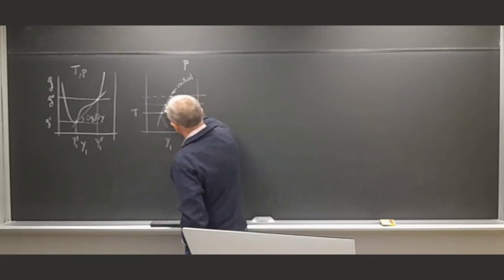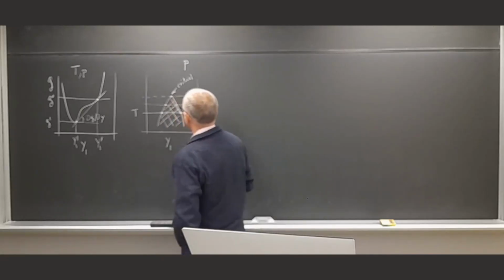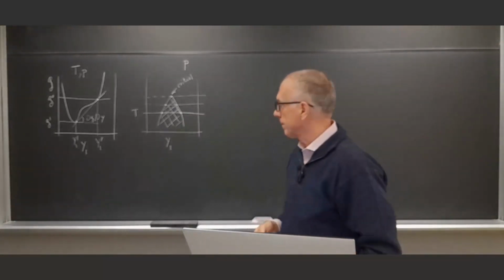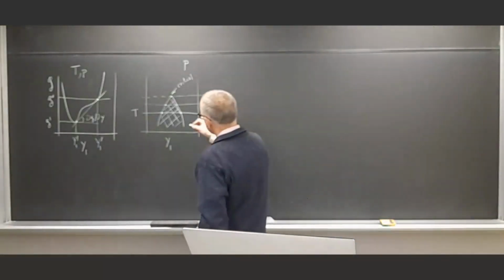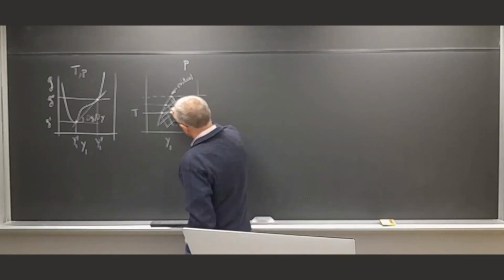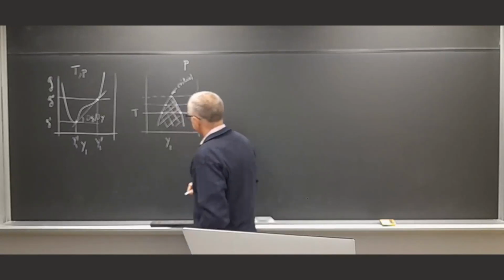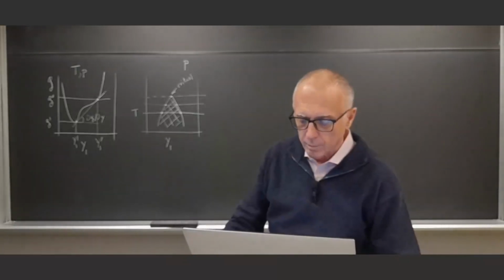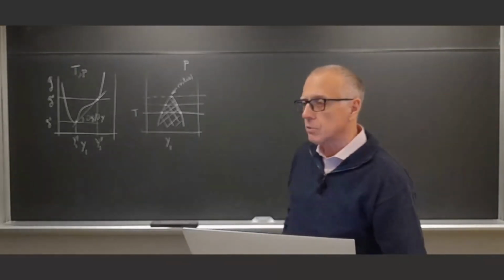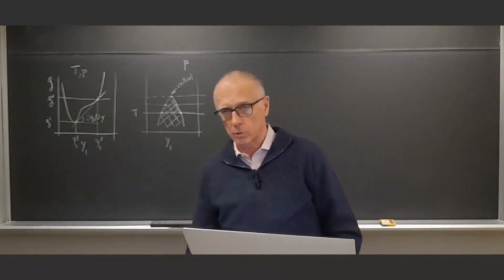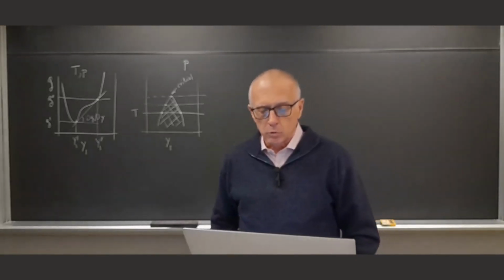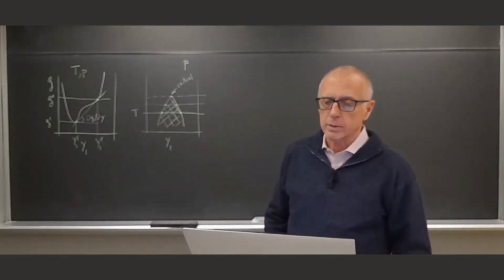So this area here is forbidden, and it's called the miscibility gap. There are no stable situations inside here. But as we have seen for the pure substance, we may have metastable situations, which is now what we want to analyze.